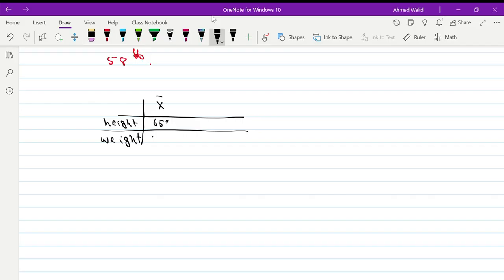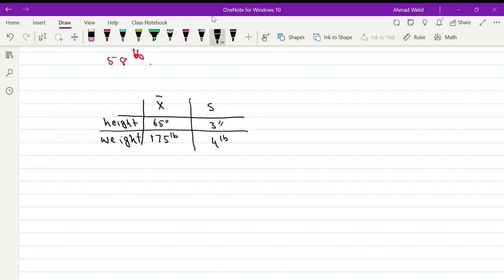Let's say, for example, the mean for the weight is, let me create something, 175 pounds, correct? Your standard deviation for this one is 3 inches. Let's say the standard deviation for this one is 4 pounds.